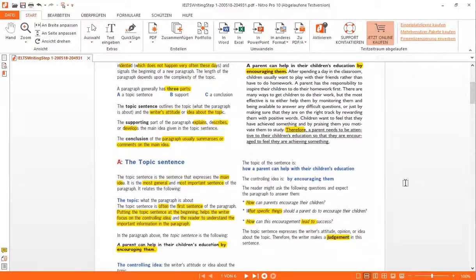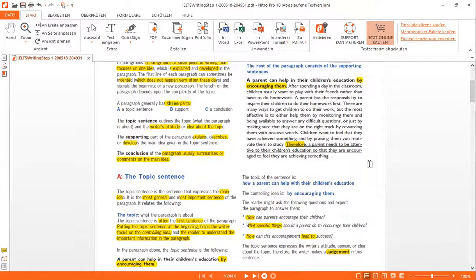So what kind of questions can a reader ask about this controlling idea? For example, the reader can ask, how can parents encourage their children? Or what specific things should parents do to encourage their children? And how can this encouragement lead to success? So these questions are all answered in the supporting part of it. However, the controlling idea gives the reader a starting point to ask these questions.